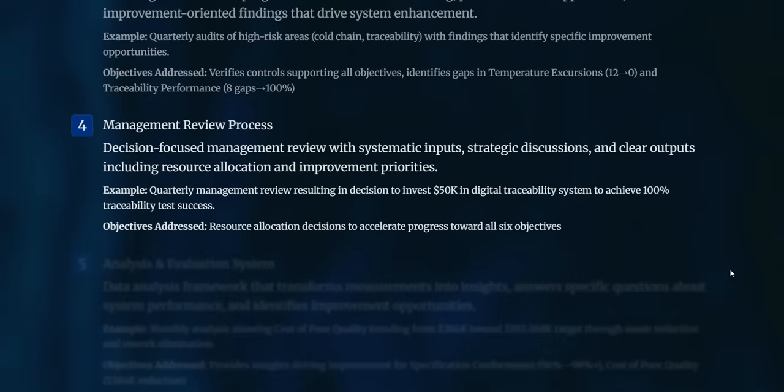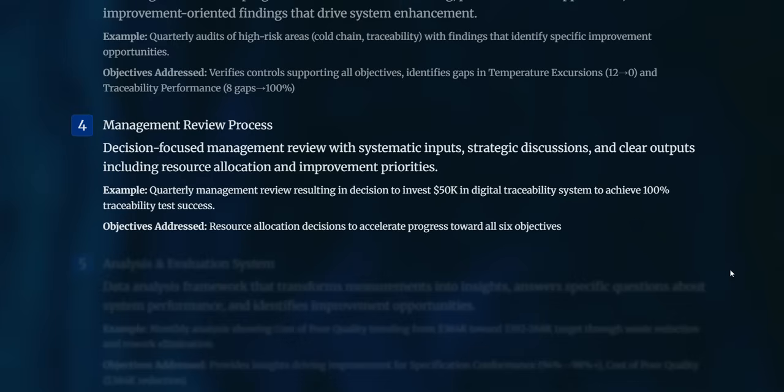The fourth output is the management review process. It must be a decision-focused management review with systematic inputs, strategic discussions, and clear outputs, including resource allocation and improvement priorities.